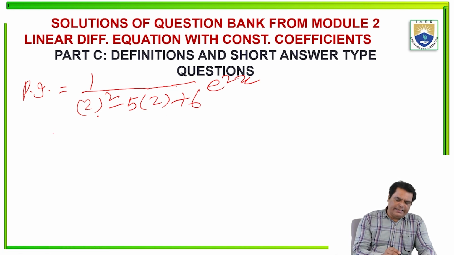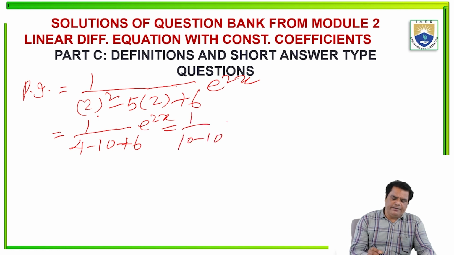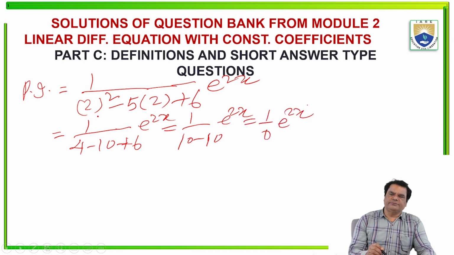But we see here 1 upon 4 minus 10 plus 6, e to the power 2x. So here 1 upon 10 minus 10, e to the power 2x. So this is 1 upon 0, e to the power 2x.